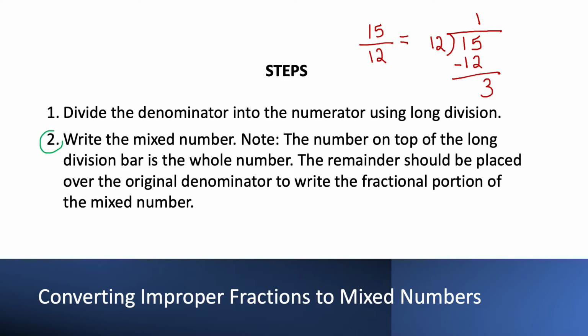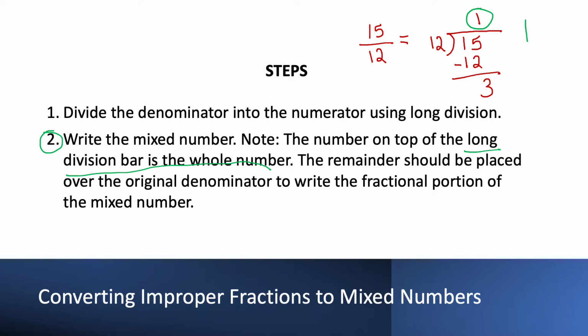The second step tells me to write the mixed number. The number on top of the long division bar is the whole number. So 1 is going to be my whole number. The remainder should be placed over the original denominator to write the fractional portion of the mixed number.